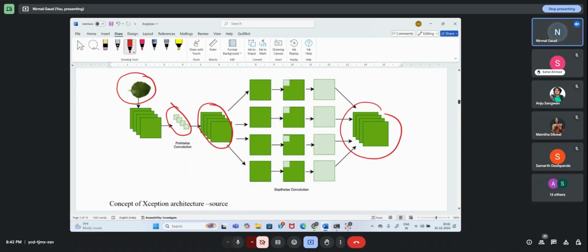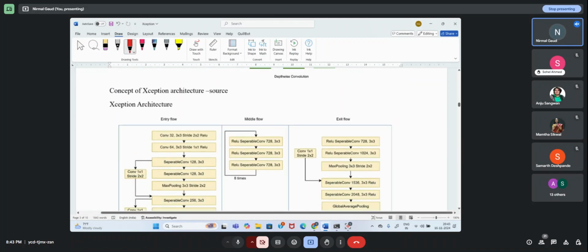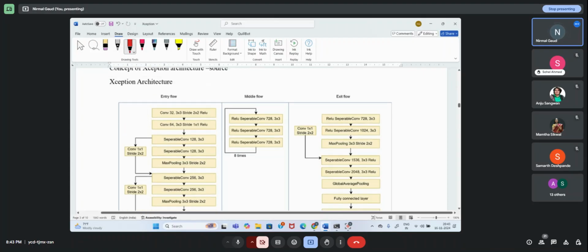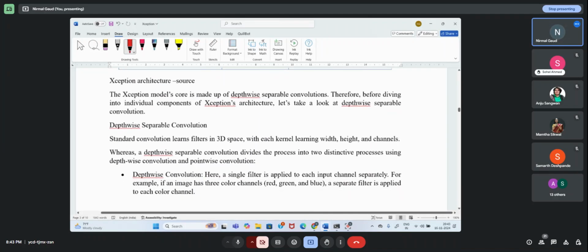So you have an image, you apply pointwise convolution, you get the result, and then depthwise convolution is done. Whatever the depth of that particular image is, that many filters will be applied to a convolution. We'll be seeing more math related to it. This is the architecture of Xception. You have the entry flow, middle flow, and exit flow. That's what you have in Xception.